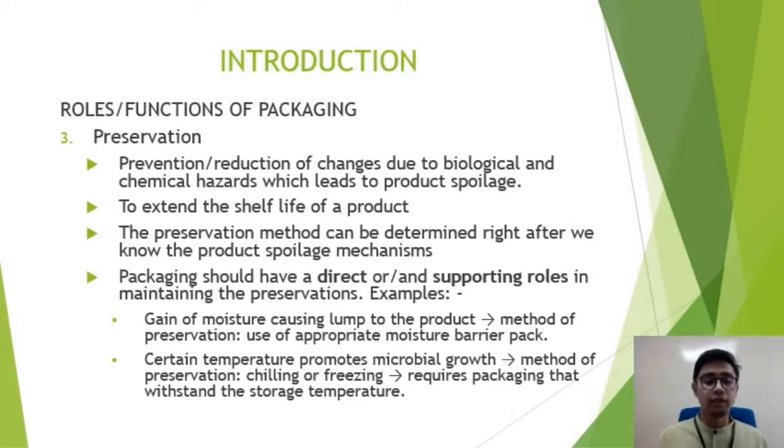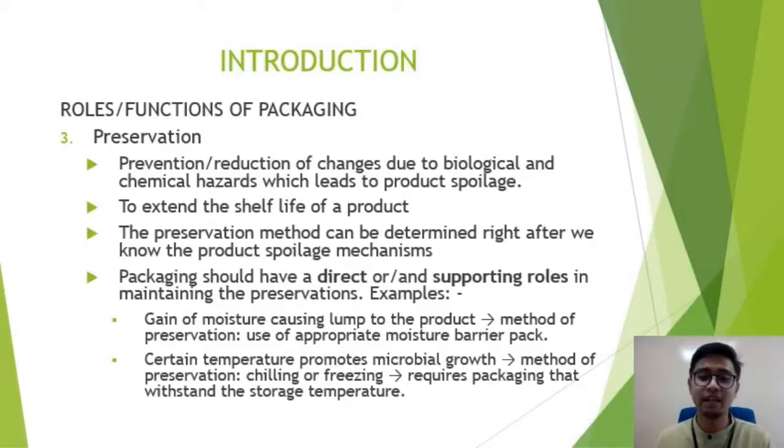Okay. The second example is that a certain temperature promotes microbial growth. So the method of preservation here is chilling or freezing. The packaging rarely has the function of chilling and freezing. So the packaging's supporting role or indirect role is that it requires the packaging to withstand the storage temperature.